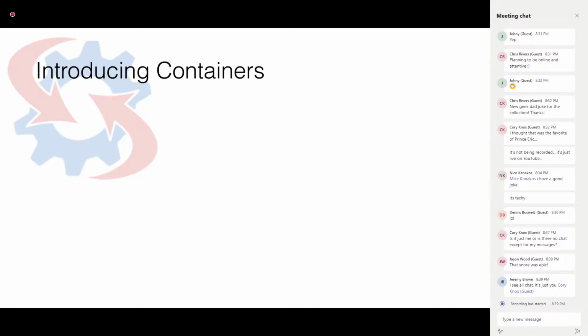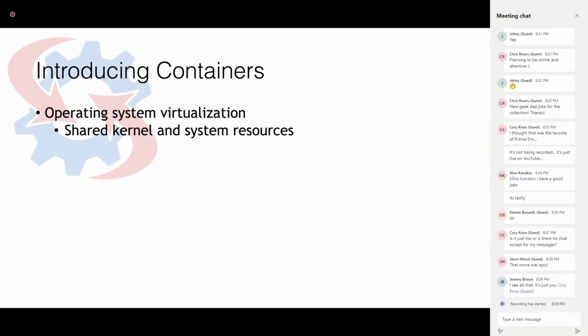And so what is a container? Well, for years and years we've been used to building virtual machines, running operating systems on top of that, and then deploying applications on top of that. But what a container does is it virtualizes the OS. It's such an overloaded term.